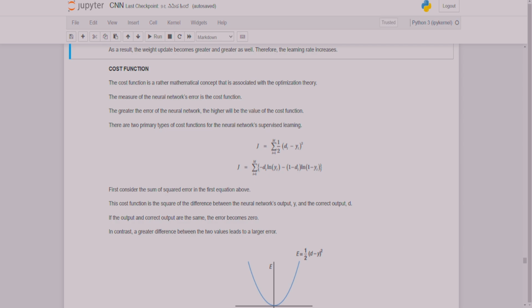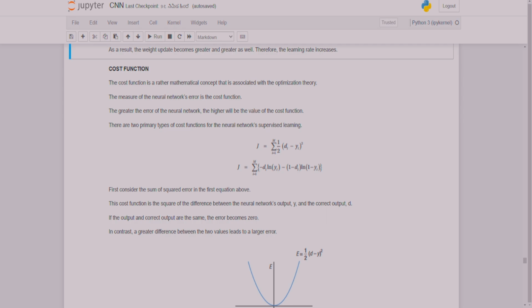We used d minus y the whole square, and you accumulate. So that's one thing. Here we have written two different functions. The standard notation for the cost function is J, though we use it as E in our function. How much error a network produces whenever it is learning with a particular data point, we call it an error.